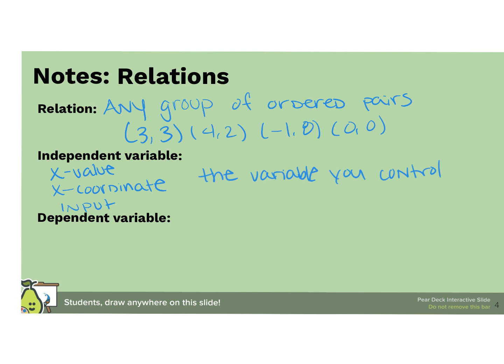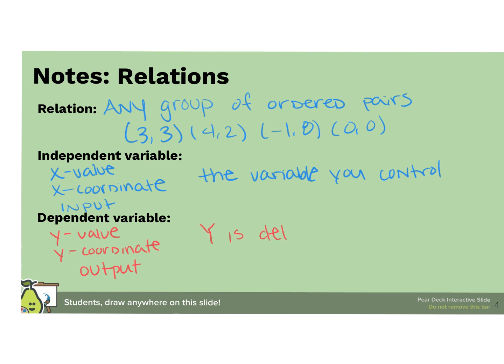So then what is our dependent variable? This is going to be your y value or your y coordinate. This is your output. Y is determined by what you choose for x. So you don't control y.